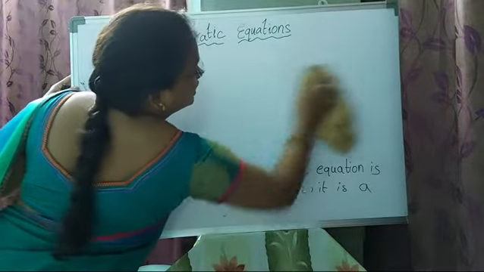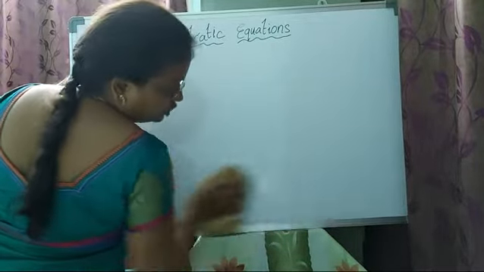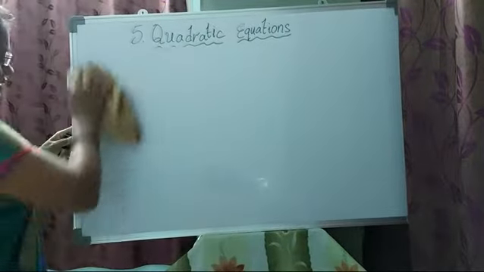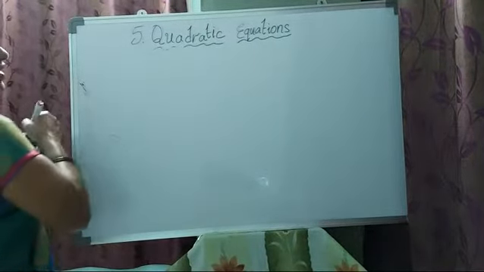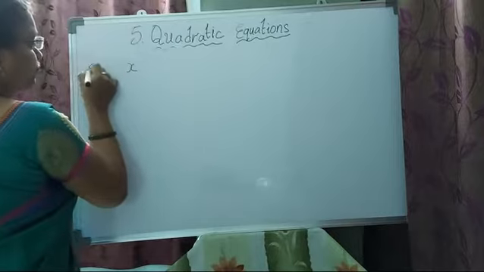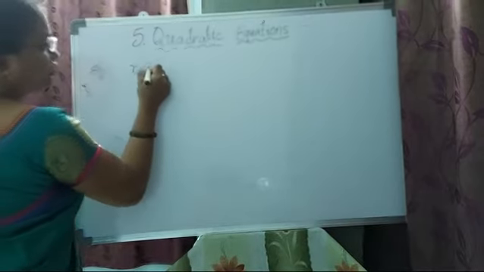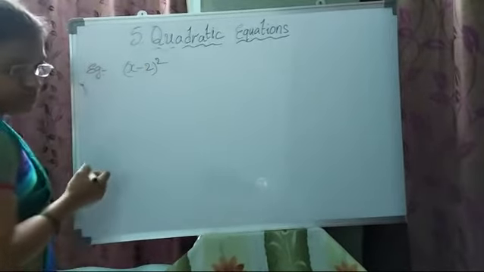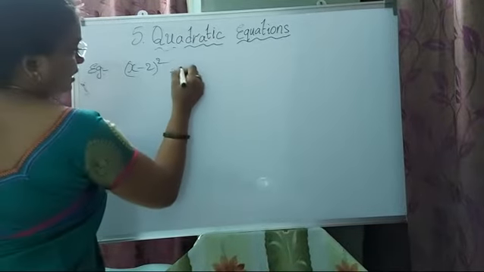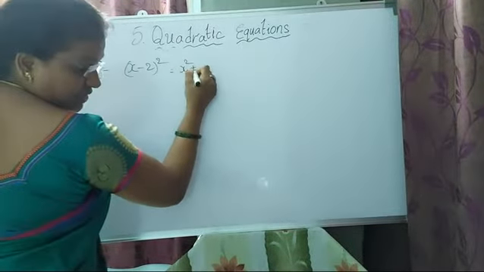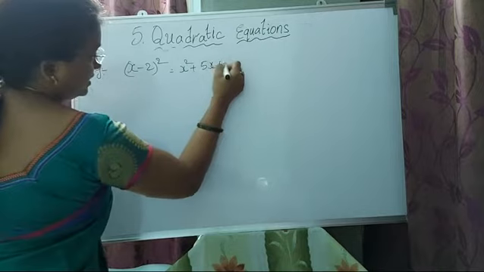Now see one small example: x minus 2 whole square is equal to x square plus 5x plus 6.